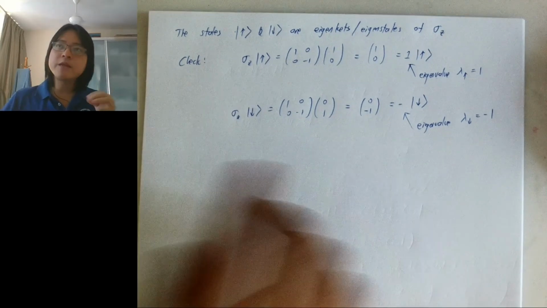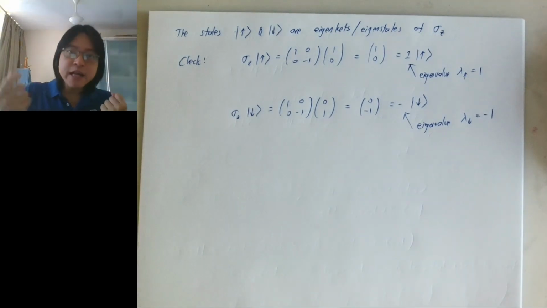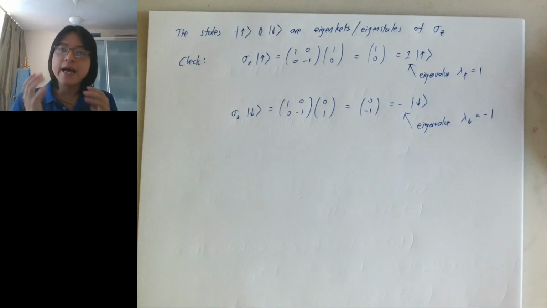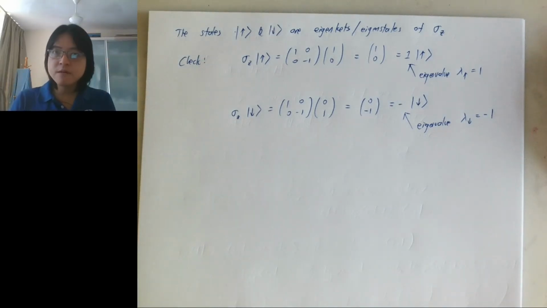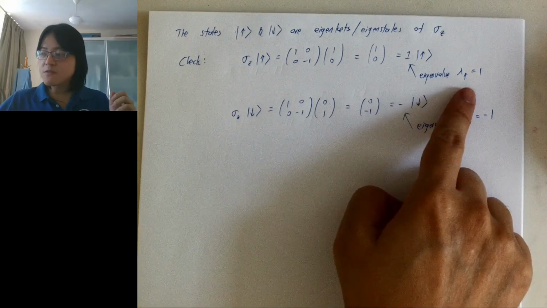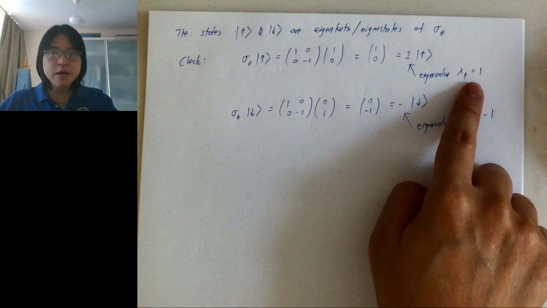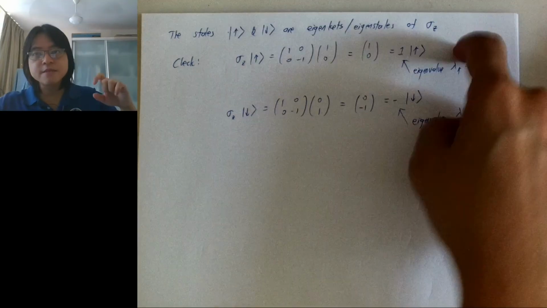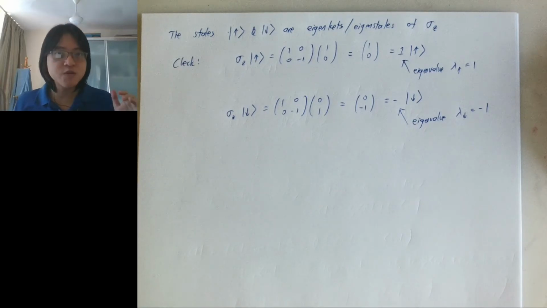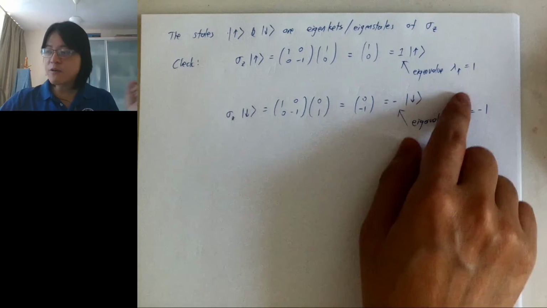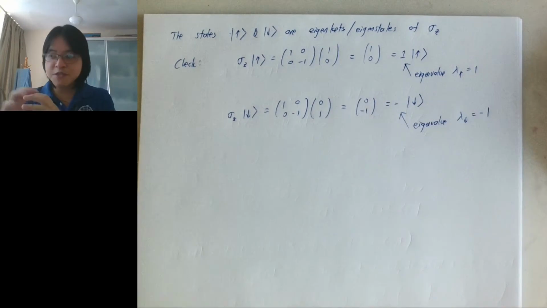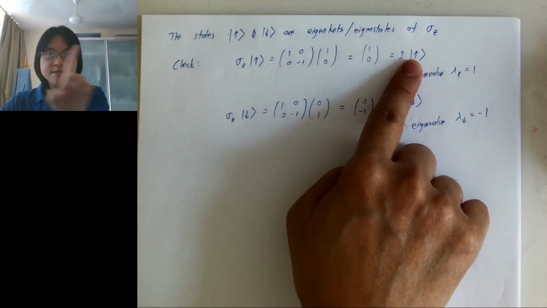And then when you talk about measurements, the eigenvalue is what we call the experimental outcome. So when you do something during an experiment, whether you're using a machine or something, the reading will come out as +1 or -1, and that is what we refer to as the eigenvalue. Okay, so the eigenvalue is the measurement outcome. So if the machine tells you +1, you know that the electron is this way.